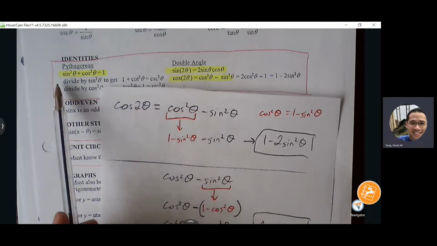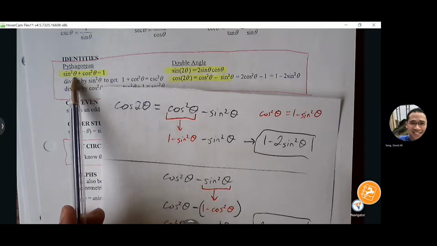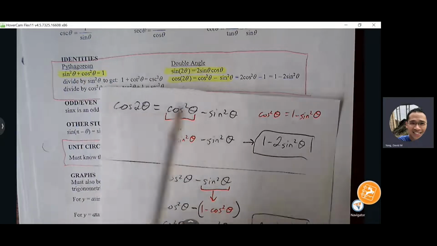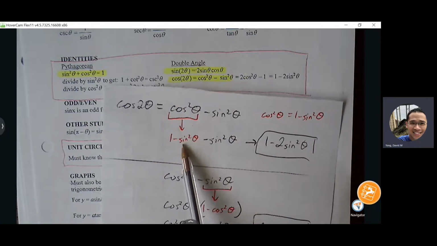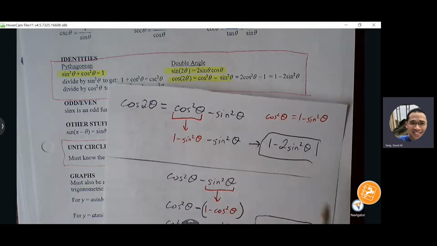Because we know that sine squared plus cosine squared equals 1. So cosine squared equals what? 1 minus sine squared, right? Just rearranging this equation here. Cosine squared equals 1 minus sine squared. If I make that substitution, 1 minus sine squared, combine like terms, I get 1 minus 2 sine squared.